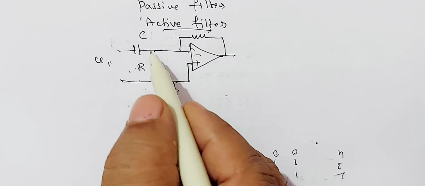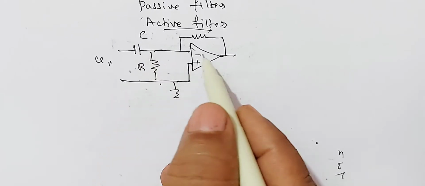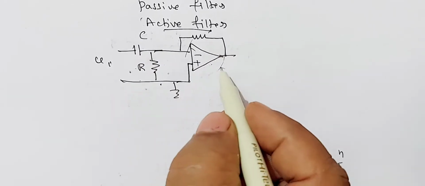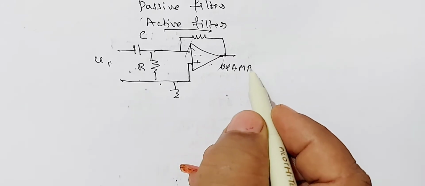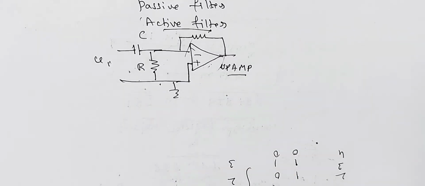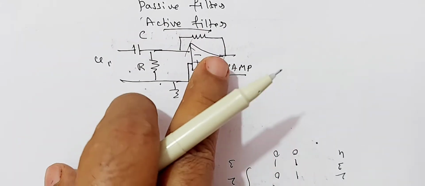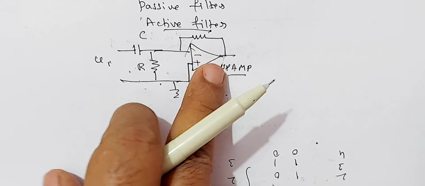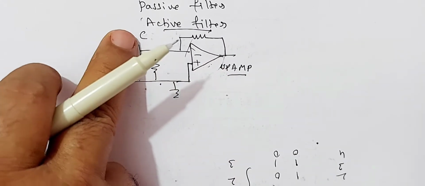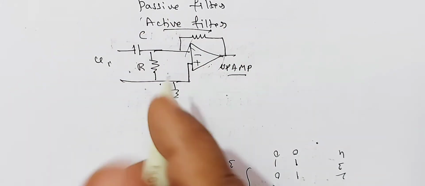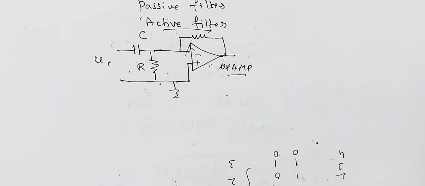Here the passive components C and R are connected to the active device called op amp. We know that an op amp is a device which consists of two transistors connected in emitter coupled form, that is, the emitters are coupled to each other. Therefore, transistor is an active device. Therefore, this circuit contains active components such as transistors, along with passive components such as capacitor and resistor. This type of filter is called an active filter.